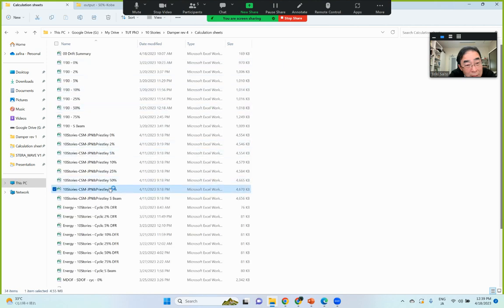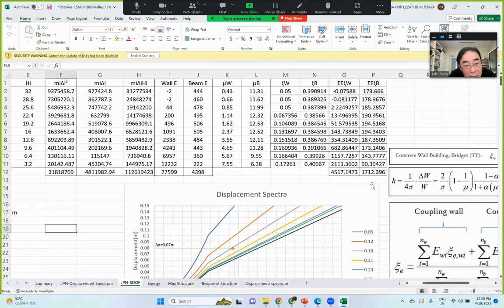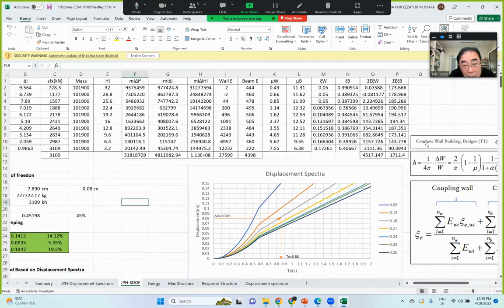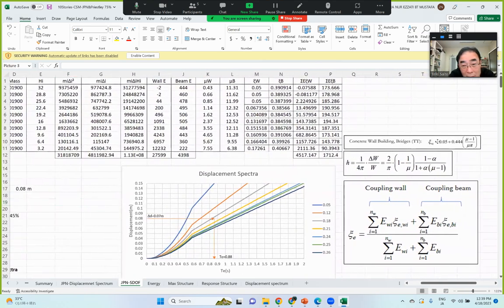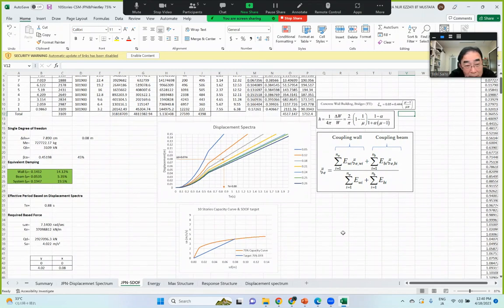For example, 75%. For the concrete wall, we use the Priestley formula, and this one is based on the formula that you gave for bilinear hysteresis. Yes. And you took the average by energy. Yes.